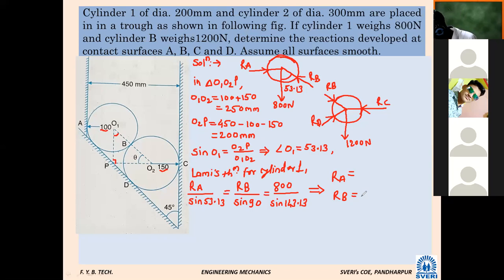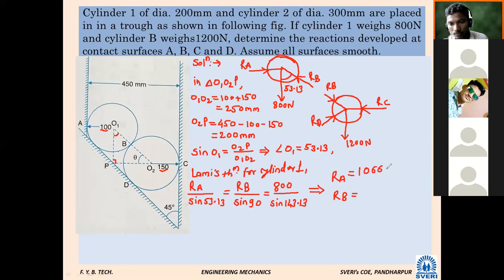Calculate RA and RB. Sir, RA is 1066.66. Very good, correct.